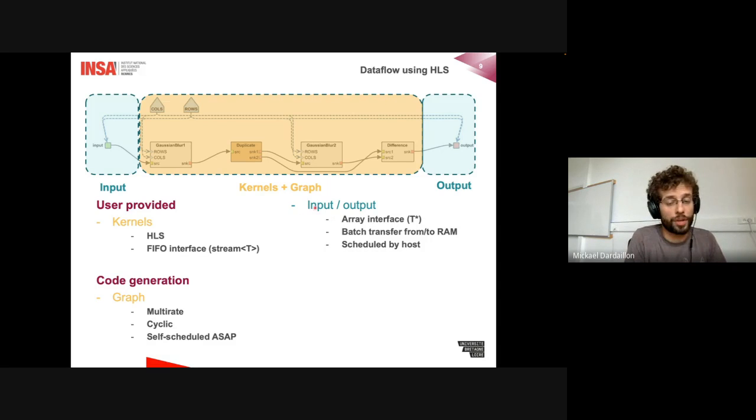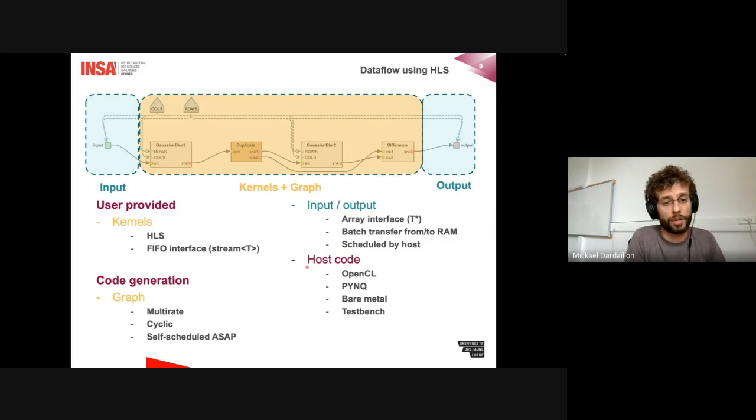And the code generation is also going to generate all the input and output interfaces. Those are based on arrays, and we're going to do batch transfers from and to RAM automatically for you to have an efficient implementation. And this is scheduled by the host. So we are also going to generate a host code, which is not represented here.